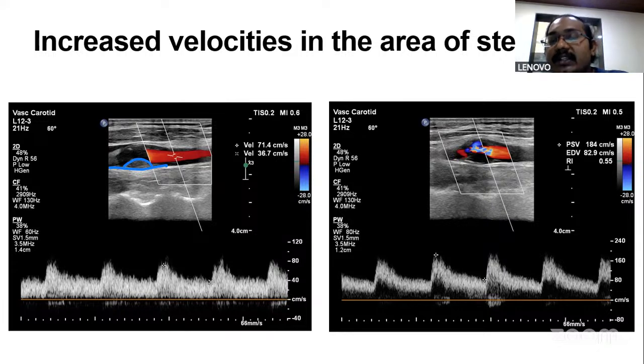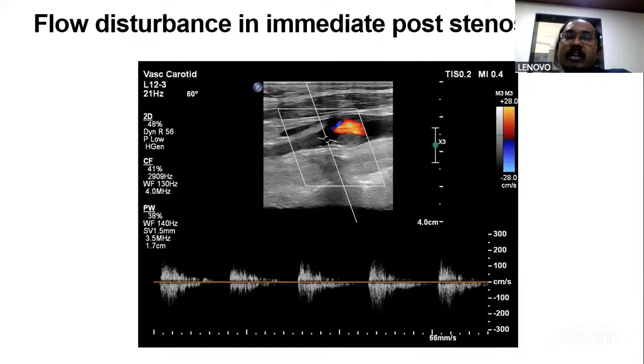Now what happens is, once the blood comes out of the stenosis, there is something called the post-stenosis zone phenomenon, and there is a flow disturbance. We usually have a laminar flow, but suddenly the blood comes out into the post-stenosis zone and dissipates. So the laminar flow is disturbed, and this is how we get a flow disturbance, classically 1 centimeter away from the post-stenosis.